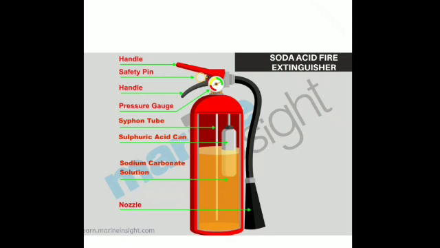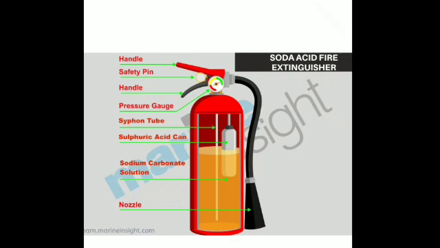Is that clear? What happens as a result? Sodium bicarbonate and sulfuric acid come in contact with each other. You can see the equation of the reaction taking place. Then what is the result? Sodium sulfate, water and carbon dioxide are formed, and the gas rushes out through this nozzle.